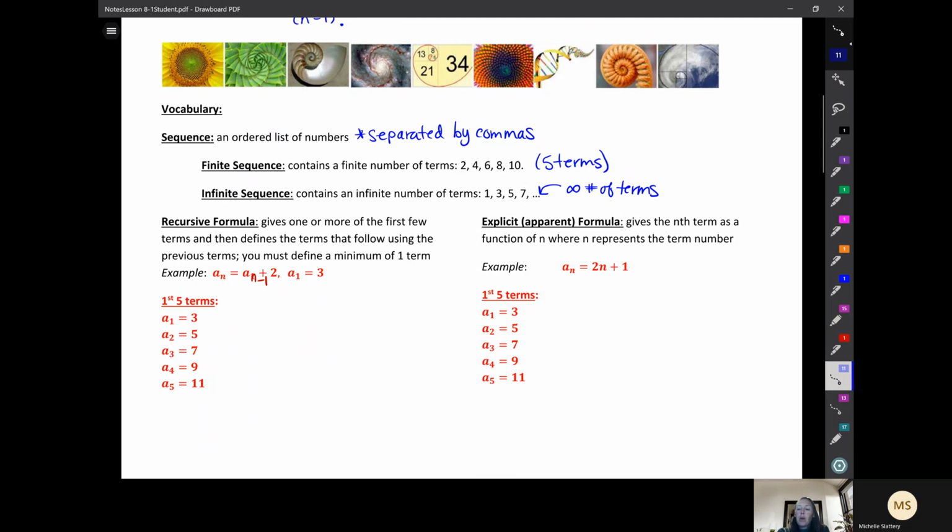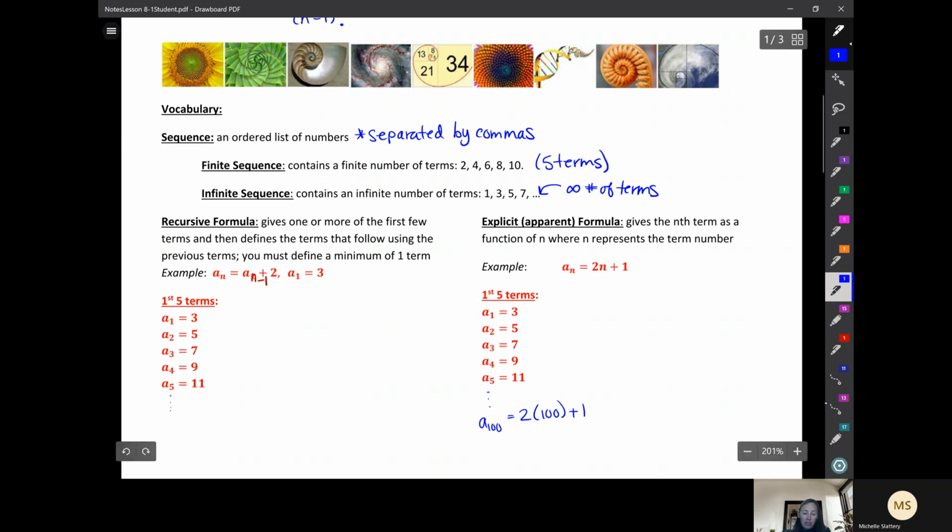For an explicit formula, or this can also be called the apparent term or the apparent formula, this gives the nth term just as a function of n. So that means you could find the 1 millionth term just by plugging in the number 1 million. So here, if I wanted you to find the 100th term, a sub 100, then that would just be 2 times 100 plus 1. Okay, so it'd be really easy to find.